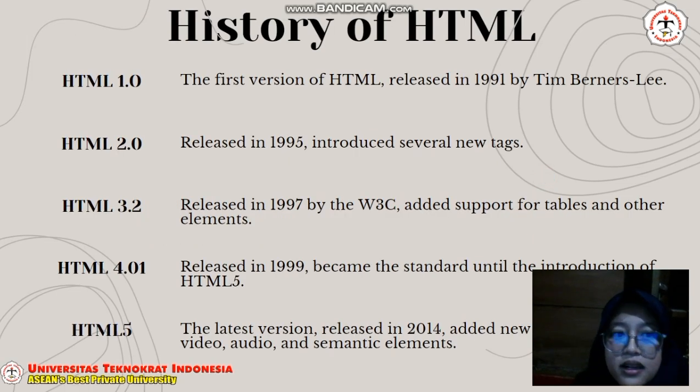History of HTML. HTML 1.0, the first version of HTML, was released in 1991 by Tim Berners-Lee. HTML 2.0 was released in 1995 and introduced several new tags.